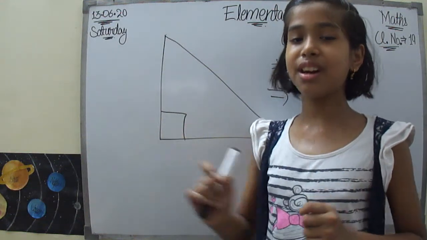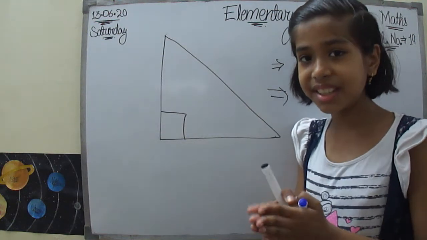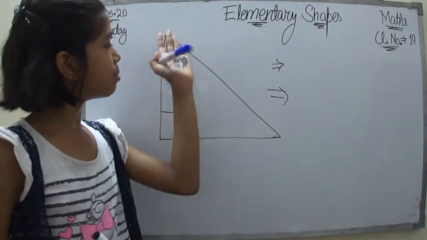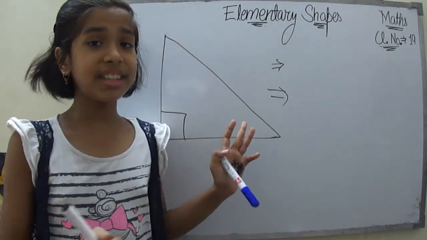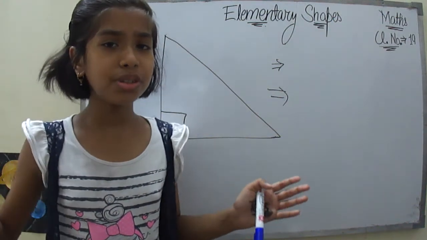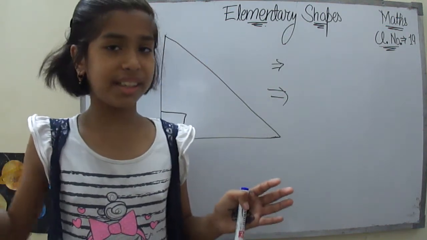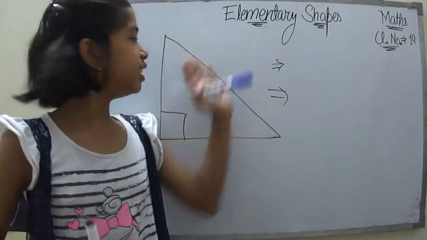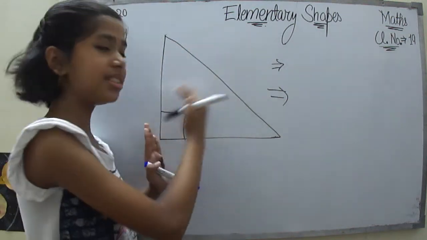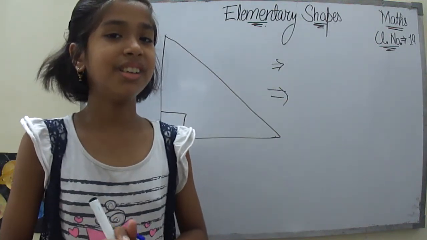What should happen is that these two angles should sum up to 90 degrees, right? Why is that? Because if they sum to more or less than 90 degrees, the sum of all the angles will not be 180 degrees, because 90 plus 90 is 180 degrees. So these two should sum up to 90 degrees, so that 90 plus 90 gives 180 degrees.